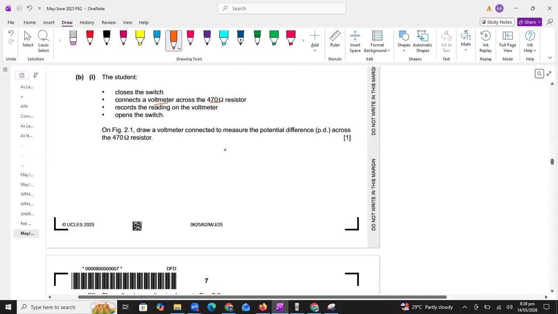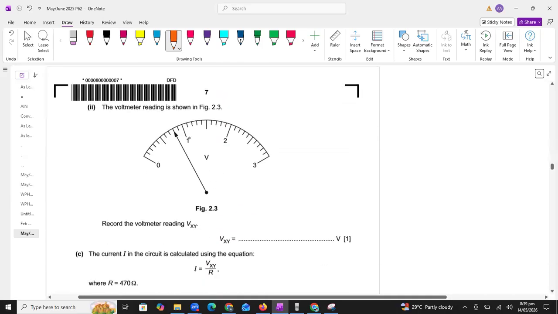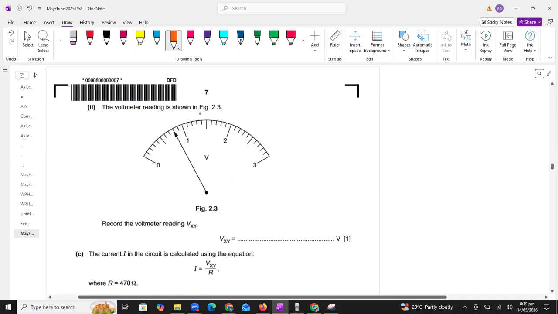All right. Now in the next part, they are saying the voltmeter reading is shown in figure 2.3. This is figure 2.3, student, and you can see this is the needle of the voltmeter, and we have to record the reading VXY. XY they are using here because you can see the voltmeter is connected between the terminal X and Y. So we have to record the reading of voltmeter. So you can see, student, there are 10 small lines between 0 and 1. So it means 1 volt is equal to 10 small lines.